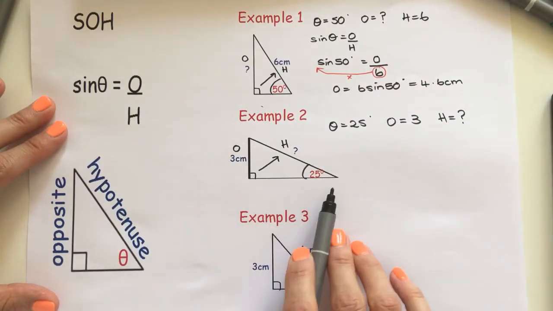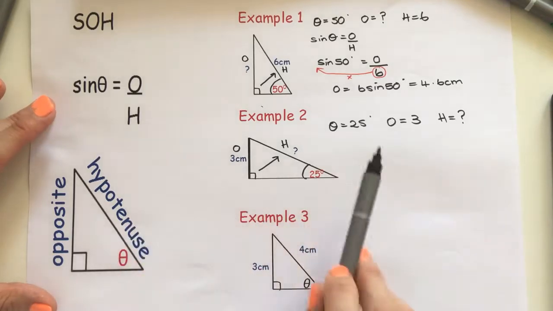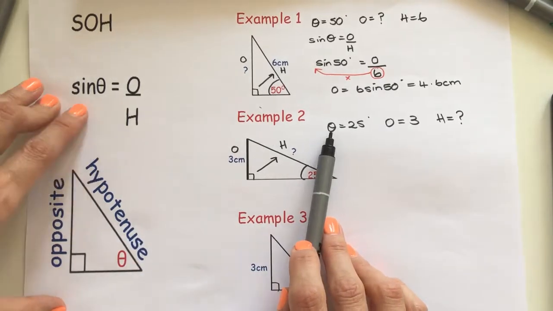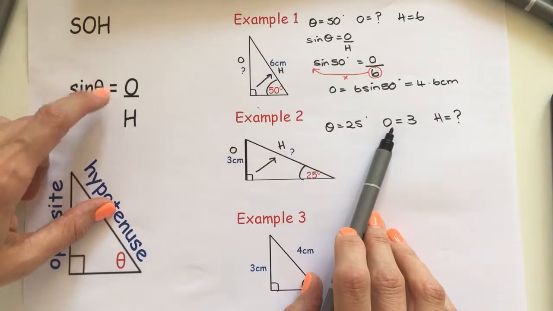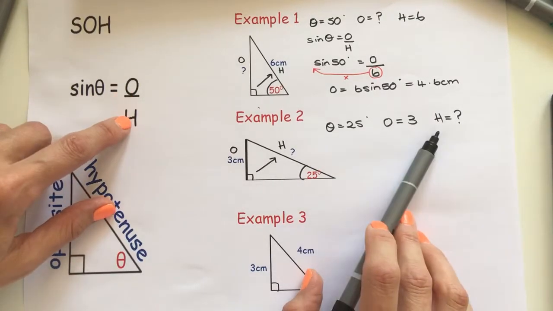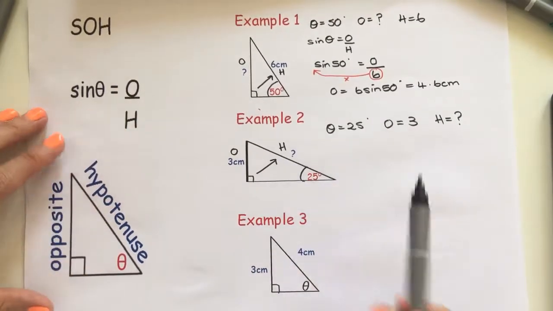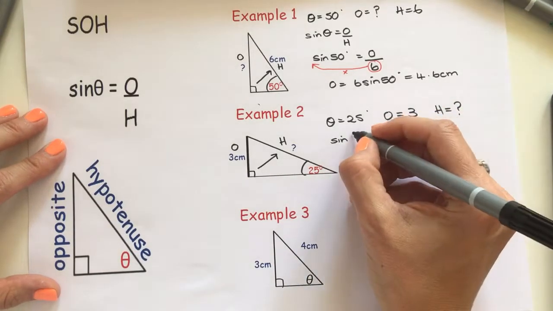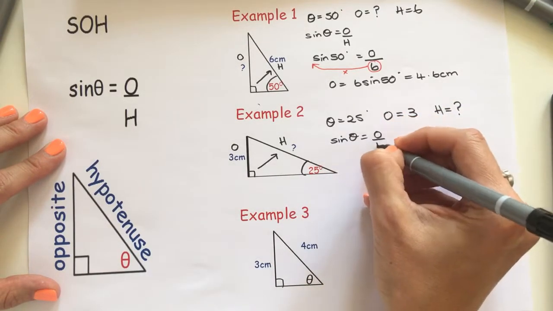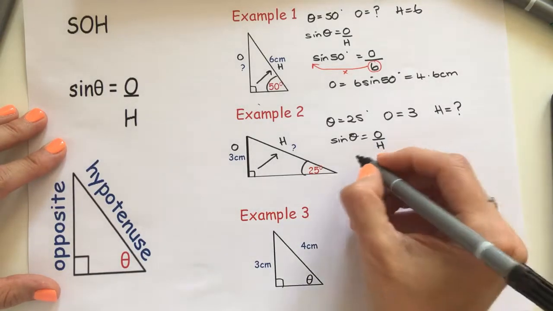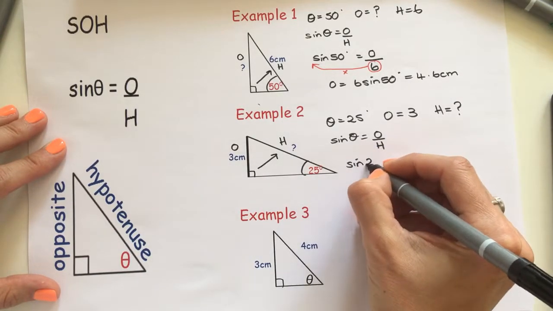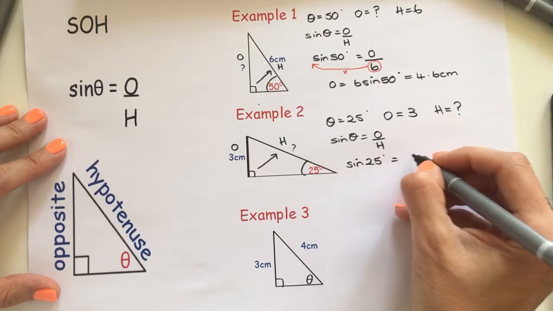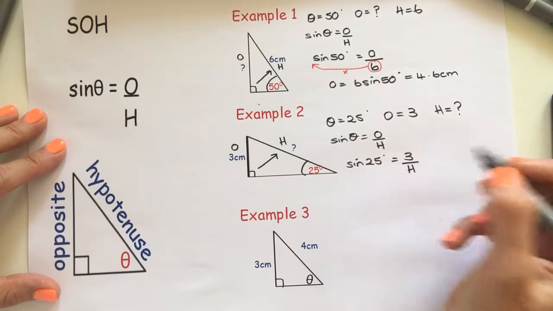Again, no reference to A, so our question just involves an angle, theta, O, H. That's why it's again sin. So sin theta equals O over H.